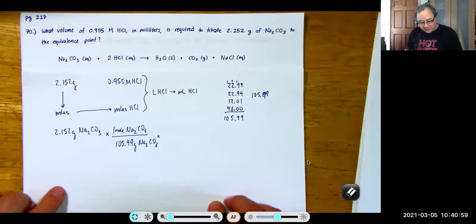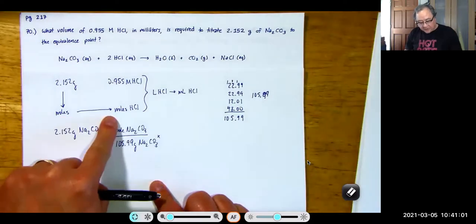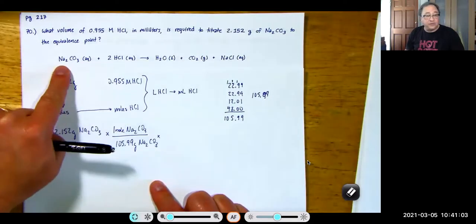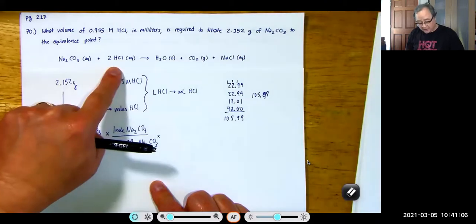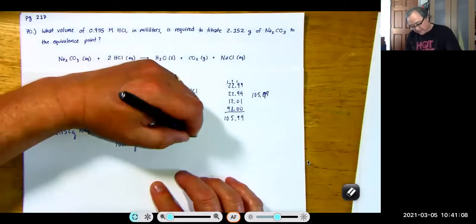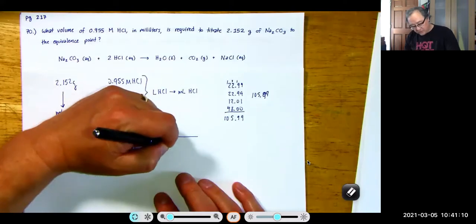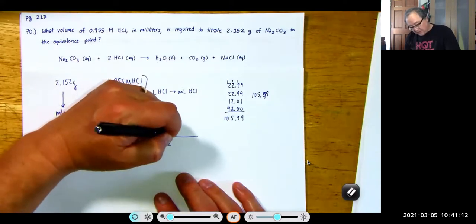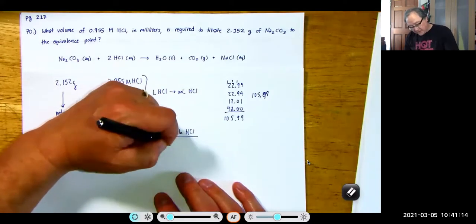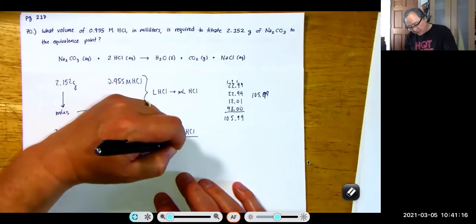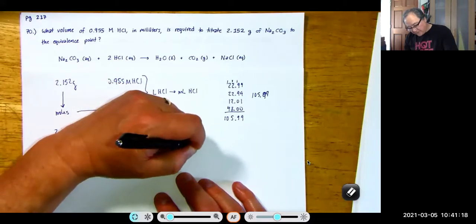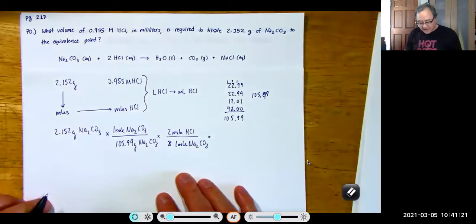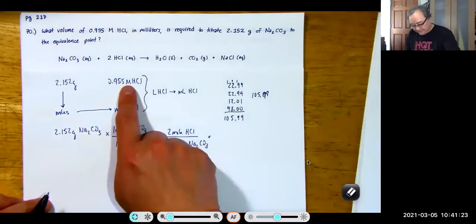Now, next, I'm going to use the stoichiometry of the equation, which has 1 mole of sodium carbonate to 2 moles of hydrochloric acid. So 2 moles of HCl and 1 mole of sodium carbonate. And then I'm going to use the molarity here.